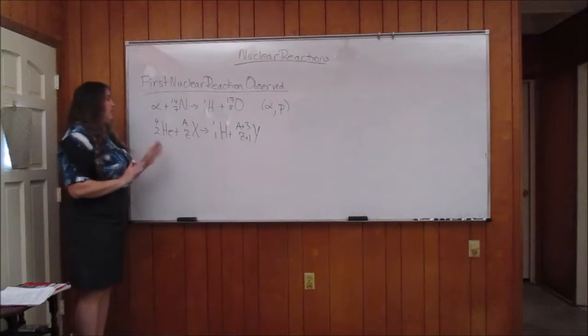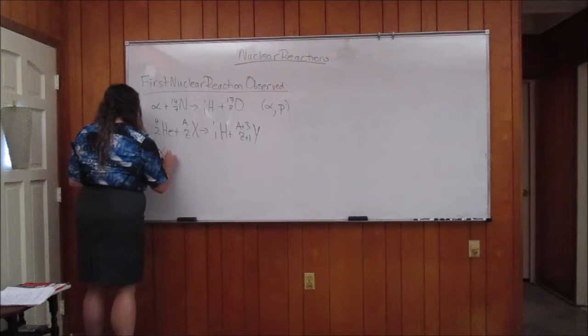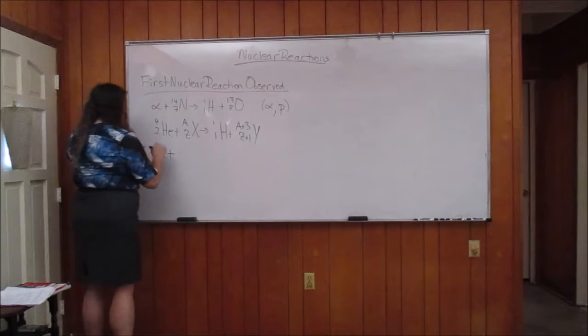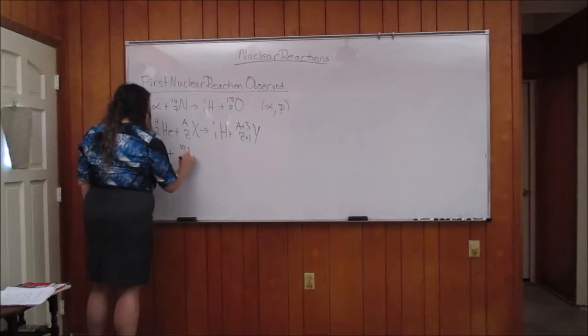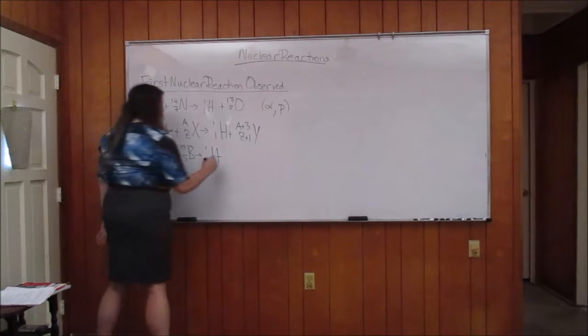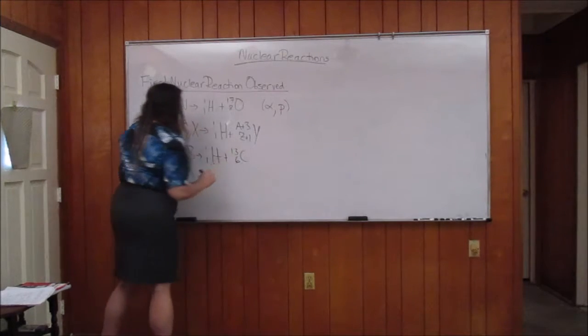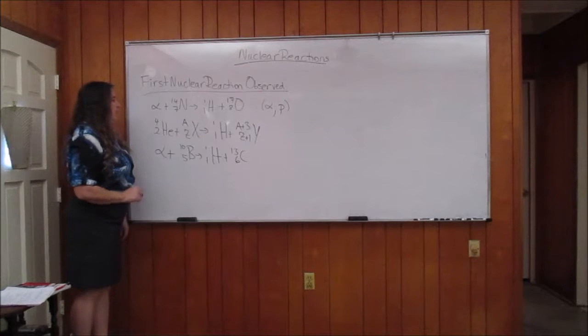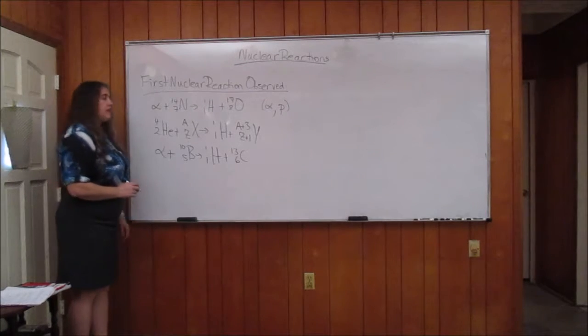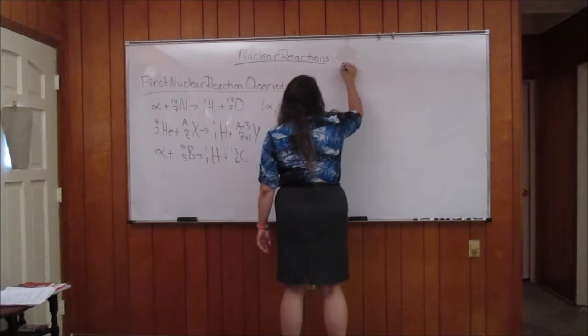Now I mentioned that this is one of a series, so another similar reaction is an alpha particle bombarding boron, in which case, once again, a proton is produced and carbon-13.